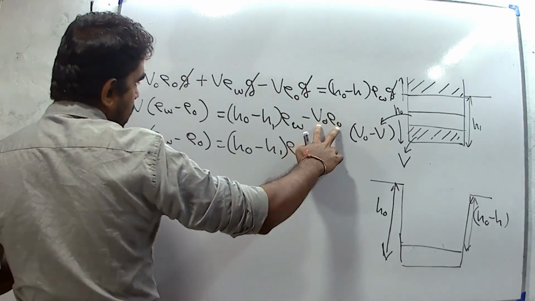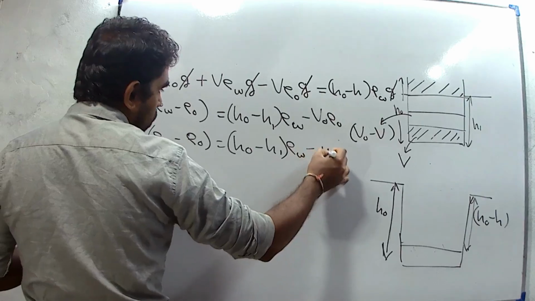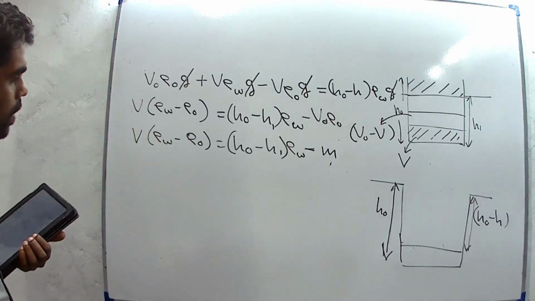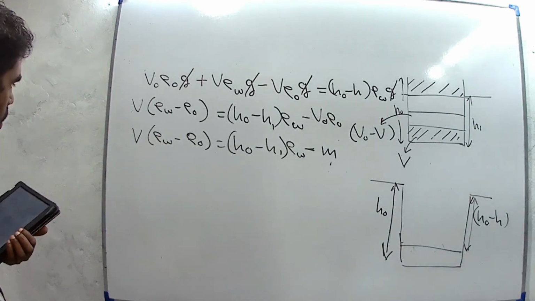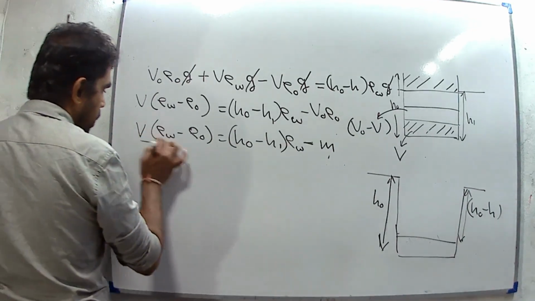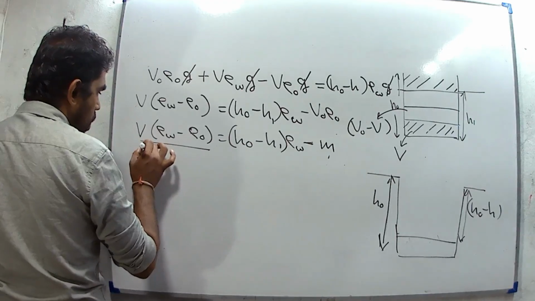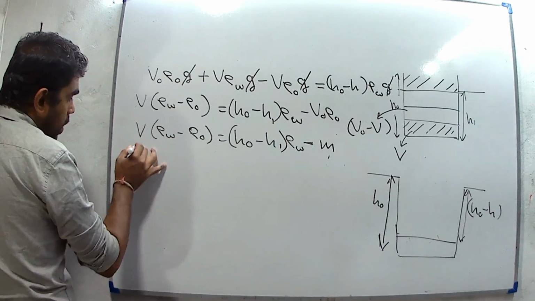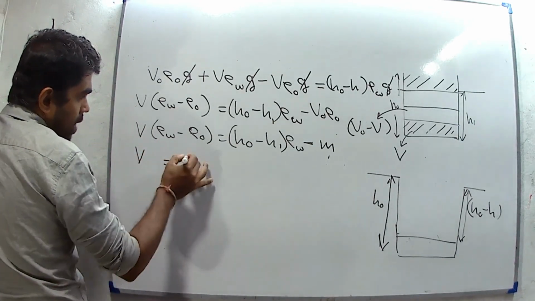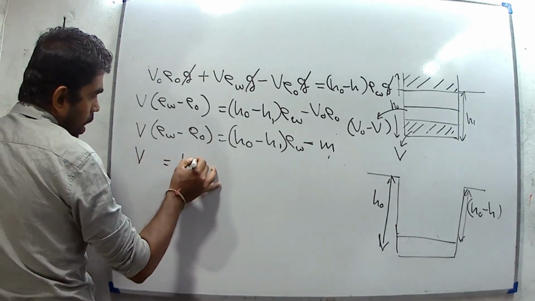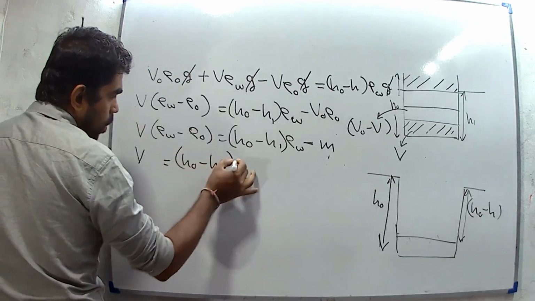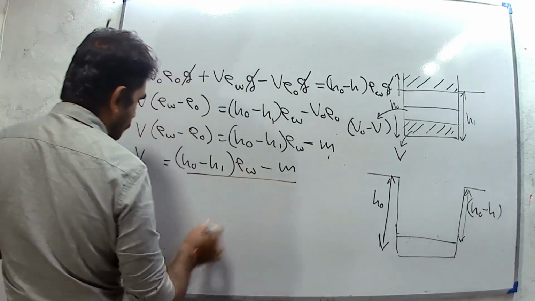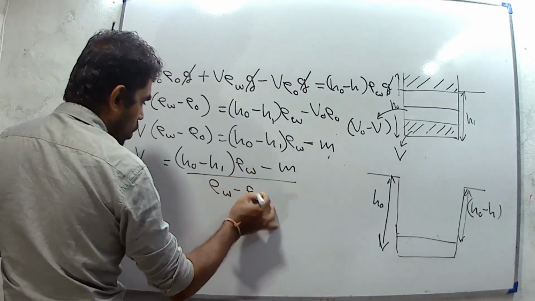We know that this is the small m value. Small m means mass of the initial oil volume. Now we can divide those terms by V0. I will bring this difference of density to the right hand side: h0 minus h1 rho W minus m, divided by rho W minus rho naught.